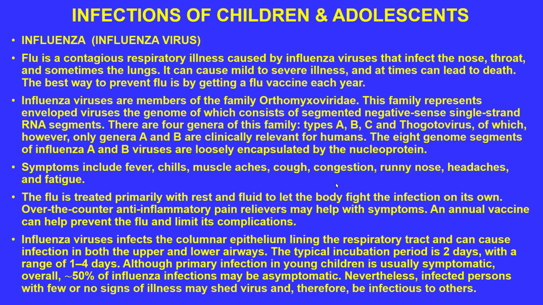And they can mix and match if they co-infect at the same time the same cell with a different strain of influenza viruses. There are 4 genera of this family, A, B, C, and thogotovirus, of which, however, only genera A and B are clinically relevant for humans.